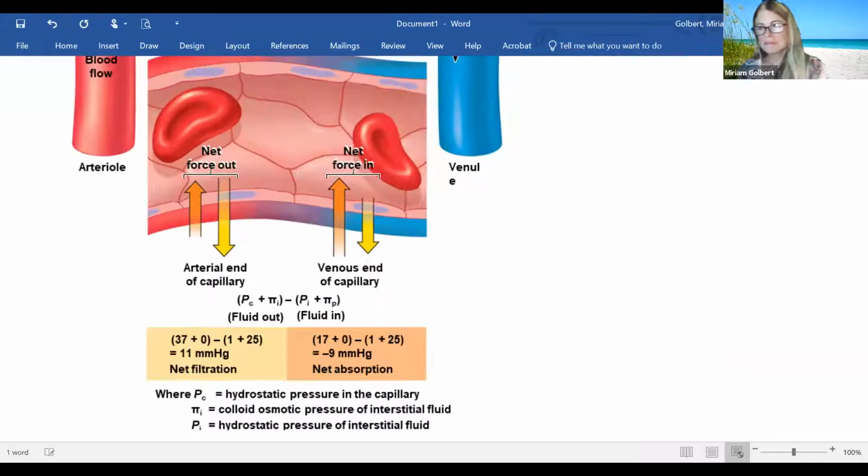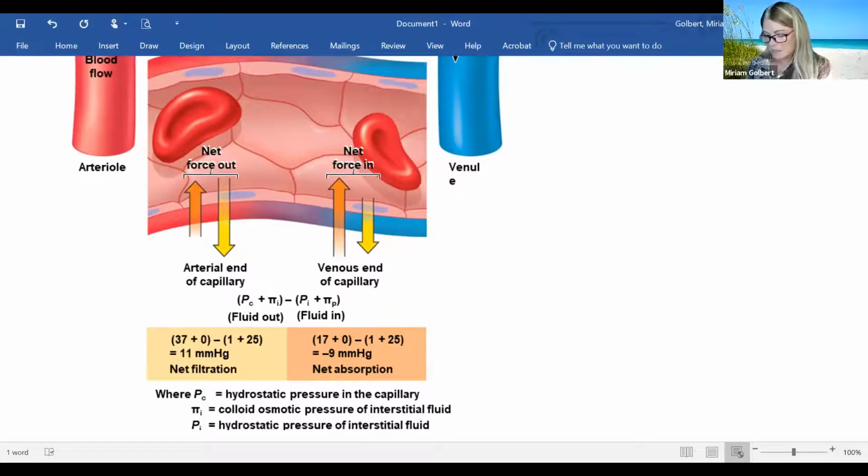Yes? Are we good? All right. And somebody asked me, do I have to know these numbers? Yeah, unfortunately, we do need to know the numbers, because that's the only way to remember what the blood pressure is at the venous end and what it is at the arterial end.